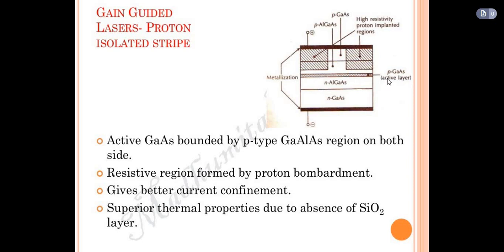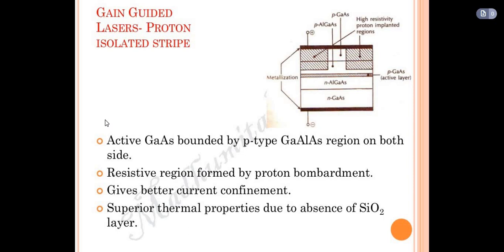Here it is the same thing, but we use both ends, so that the resistive region formed by the proton bombardment gives better current confinement. More proton bombardment is needed so that the electrons can use it, right? It should also give better current confinement as well. For that better current confinement, we are going to use that particular angle and that particular direction, right?